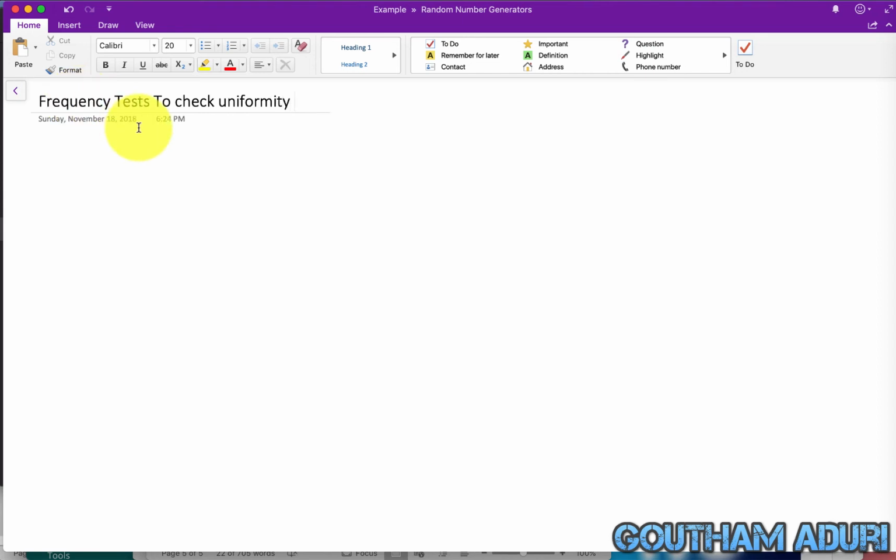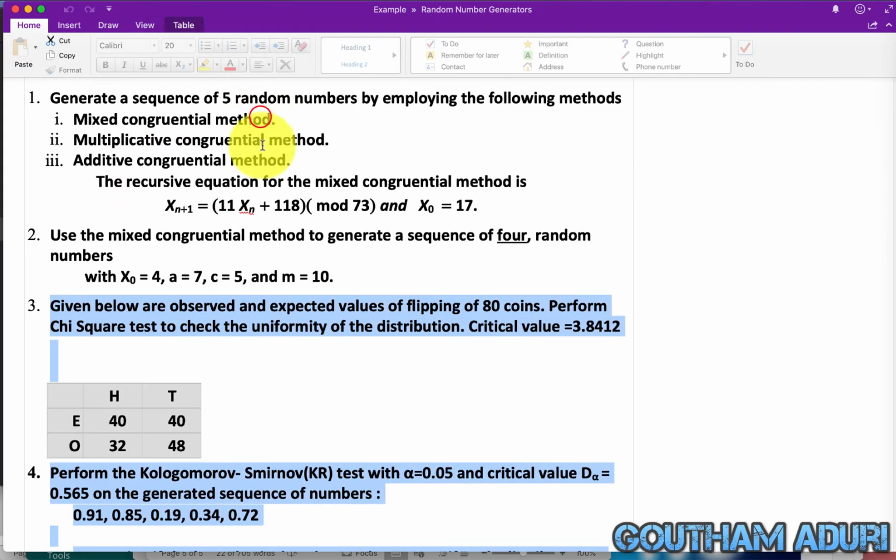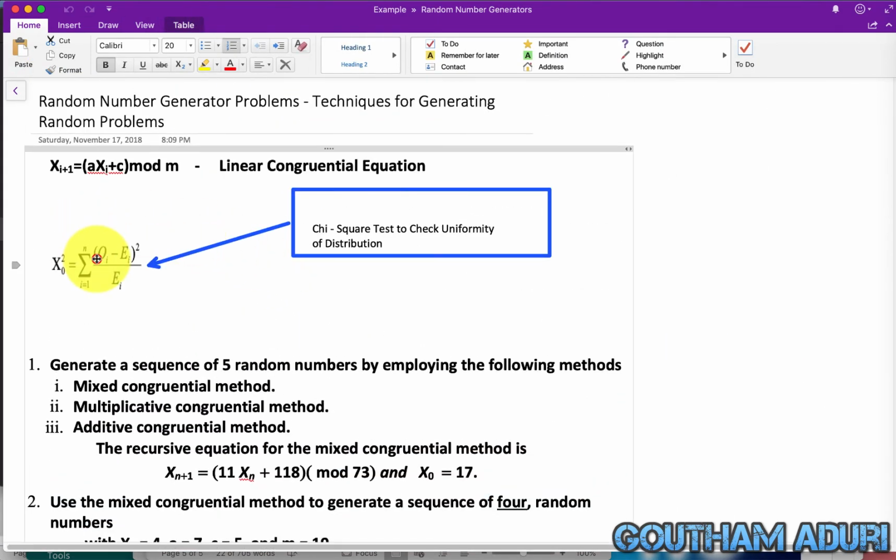For all these tests, one thing you have to see is the property: they are all uniform and independent in nature. Whenever you are trying to do the test to check the uniformity, they are uniform and independent in the interval range from 0 to 1.